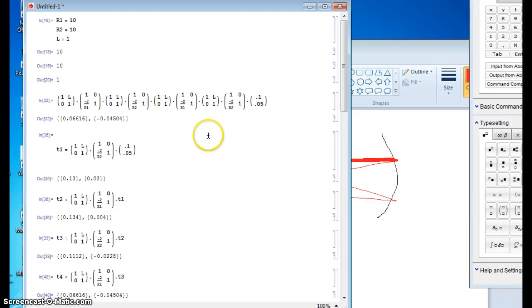After this whole series, this is R1 to R2, then R2 back to R1, and then back to R2, back to R1. So it's two full cycles. You can see our final height is 0.06. We started at 0.1, and our angle is now in the negative range.